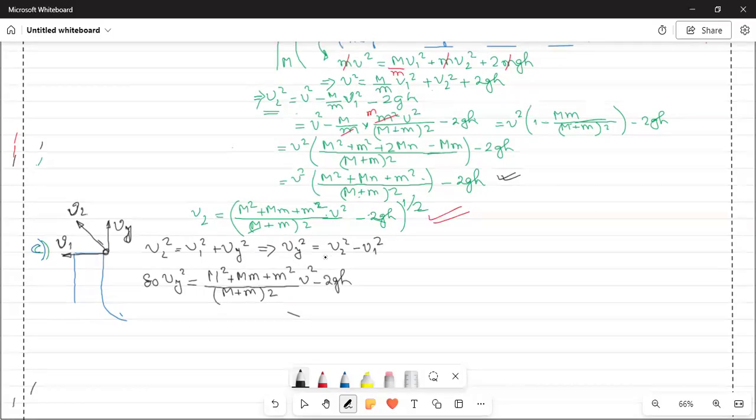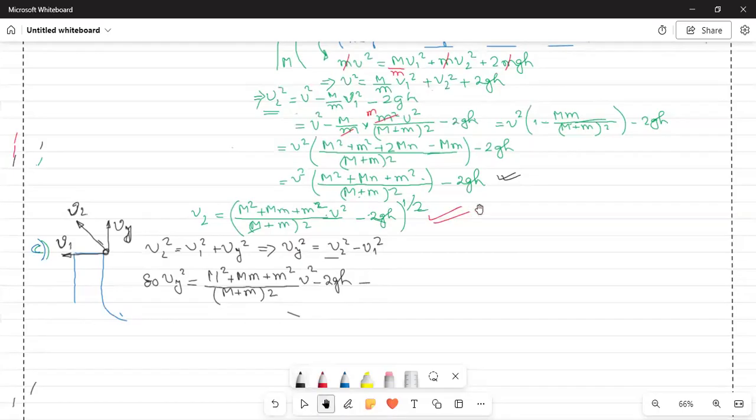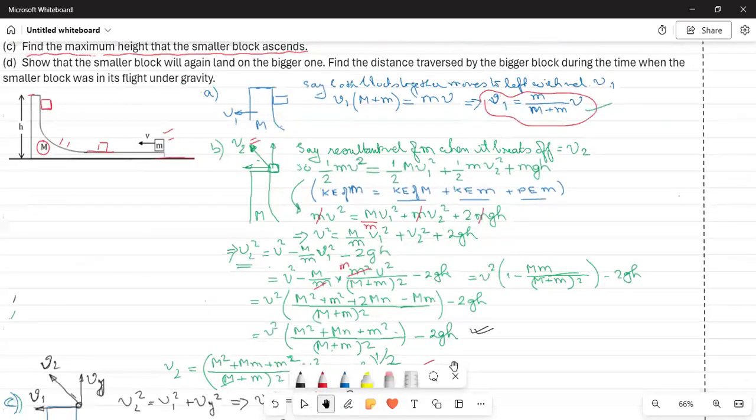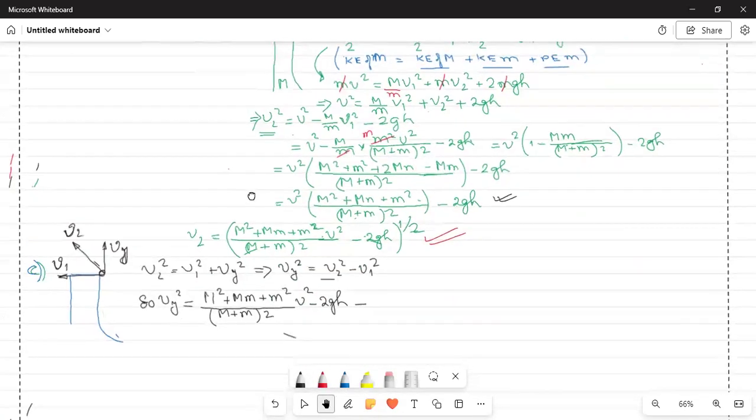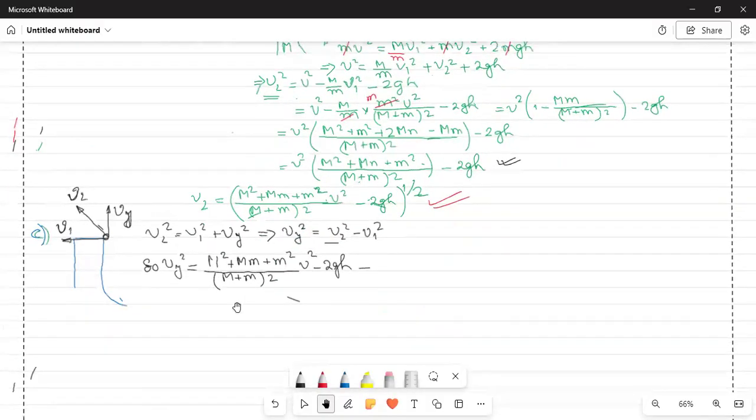This whole thing is V2 square minus V1 square. Now, what is the value of V1? We found it at the very beginning. V1 is small m by capital M plus small m into v. So, using this value, V1 square is small m square v square by capital M plus small m whole square.